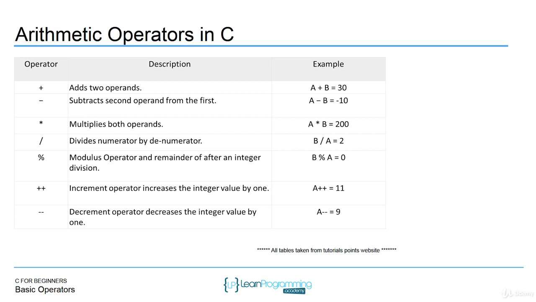Plus plus and minus minus are specific incrementation and decrementation operators. They're still referred to as arithmetic operators, but you'll see them mostly in loops when you repeat code, but not always. In this example, you're incrementing a variable by 1. So if you do a++, whatever a was, if it was 5, it's now going to be equal to 6.